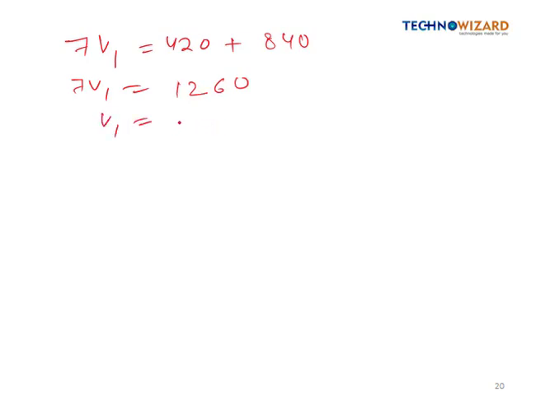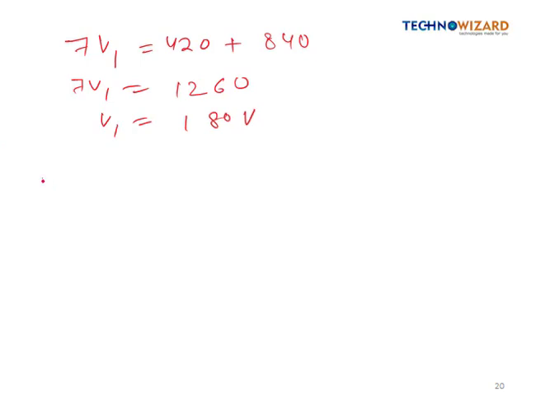It means 7V1 is equal to 420 plus 840. So 7V1 is coming as 1260. So V1 value is coming as 180 volt.